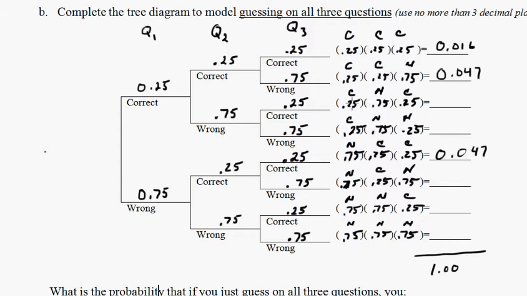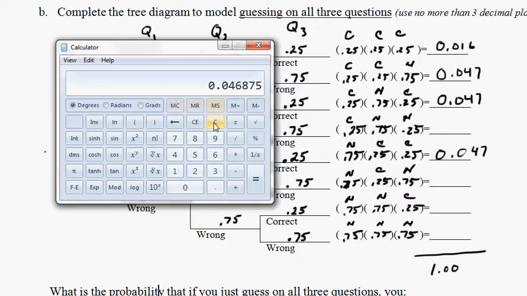Oh, here's 2 correct, so 0.047, and then now we have 0.75 squared, so 2 wrong answers, times 0.25. So we get 0.141. See that? I'm rounding.